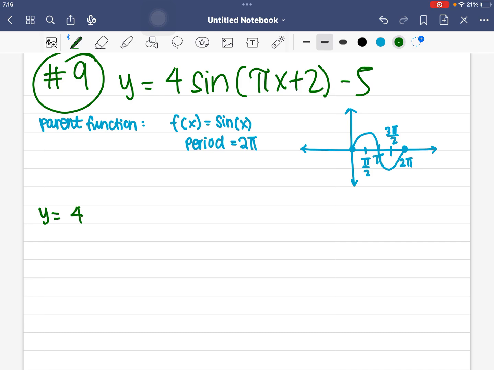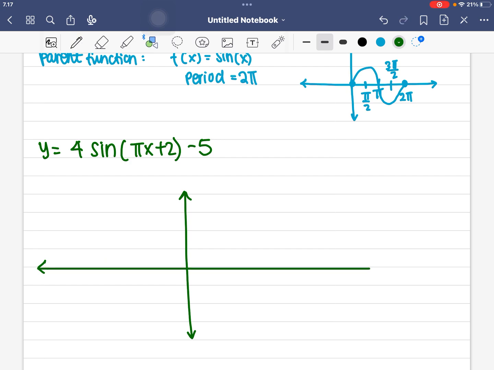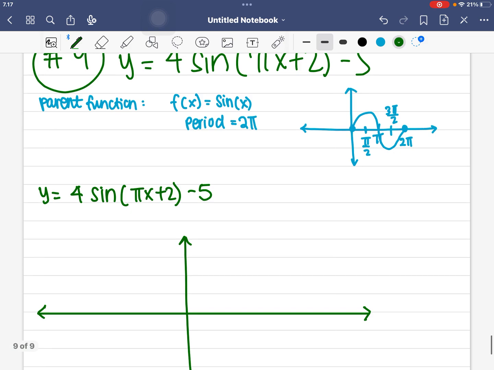Y equals 4 sine of pi x plus 2 minus 5. So what I would do is start with this. So do y'all notice that in the parent function, excuse me, f of x equals sine of x is the same thing as f of x equals sine of x plus 0, right?